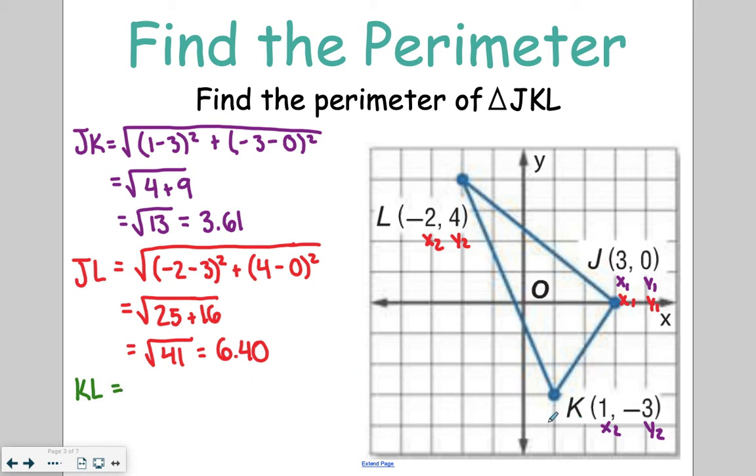Then we need to do our last side, which is going to be side KL. So I'm going to label x1, y1, and x2, y2. And when I plug that in, I am going to get x2, which is negative 2, minus x1, which is 1, squared, plus y2, which is 4, minus y1, which is negative 3, squared.